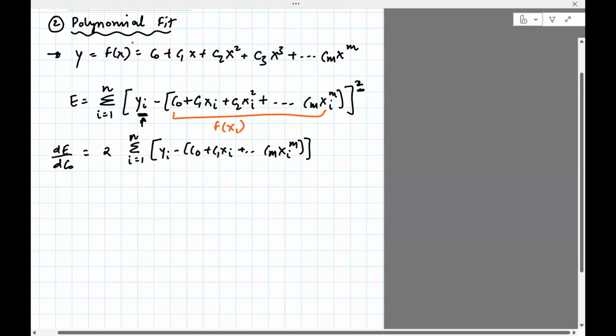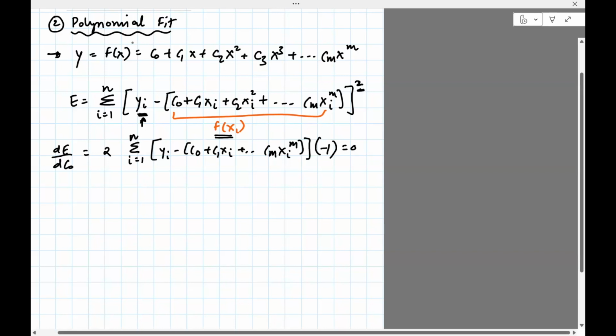You'll get the 2 coming out, and then we need to take the derivative of the term with respect to C0, but yi is just a constant. This is just the chain rule. The derivative of C0 with respect to C0 will basically be 1. Okay, my bad, there's a minus C0, so it'll be minus 1, not plus 1.